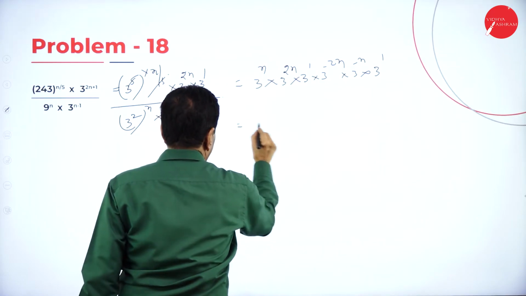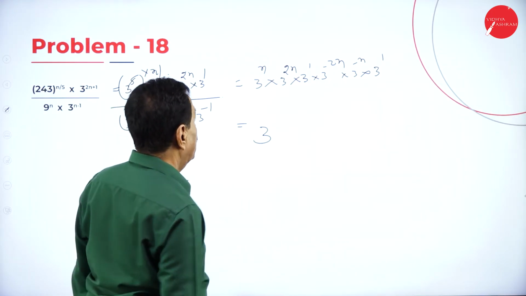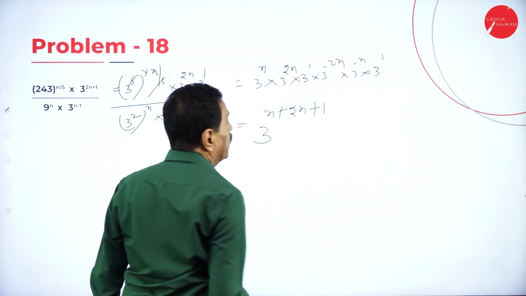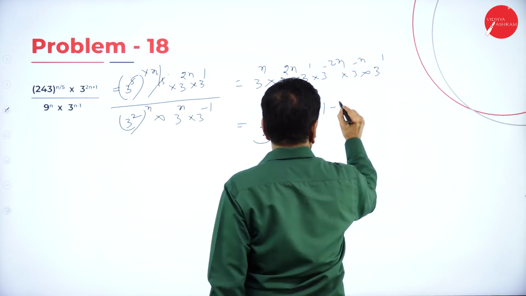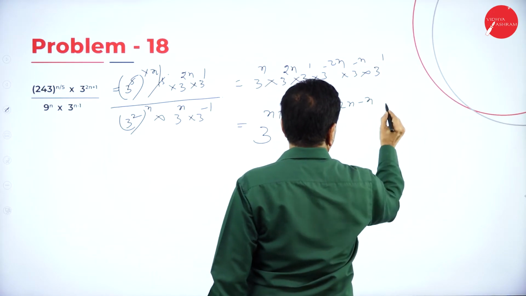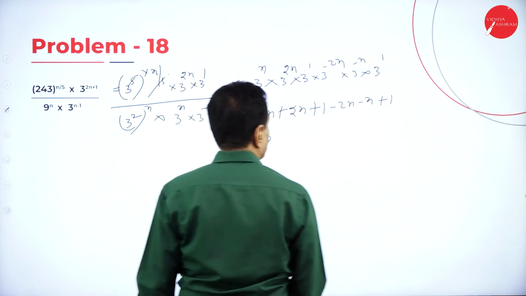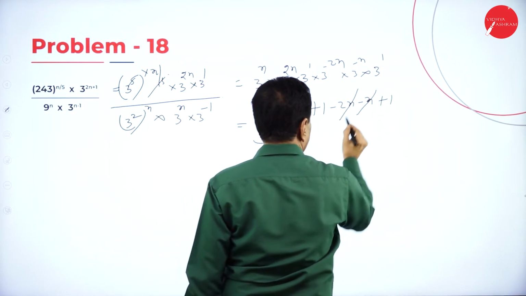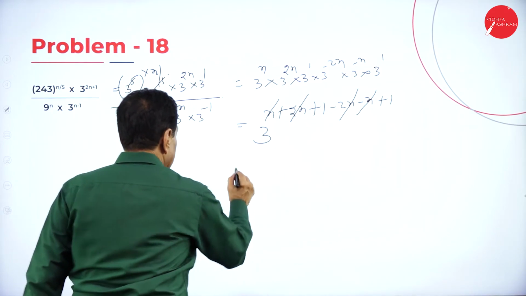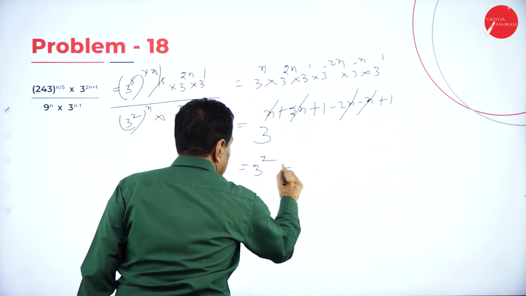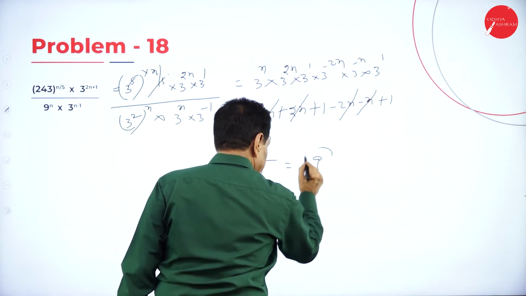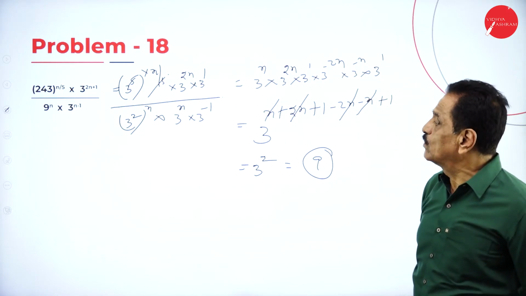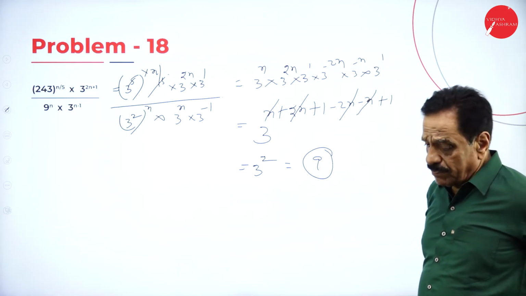So take the 3: n plus 2n plus 1 minus 2n minus n plus 1. So 2n cancelled out, n cancelled out, plus 1 is 2. This is 3 squared. 3 squared is 9. Slowly we have simplified. So 3 squared is equal to 9.